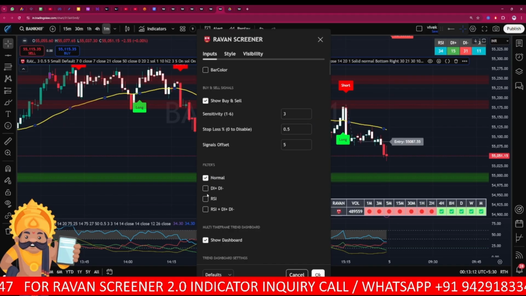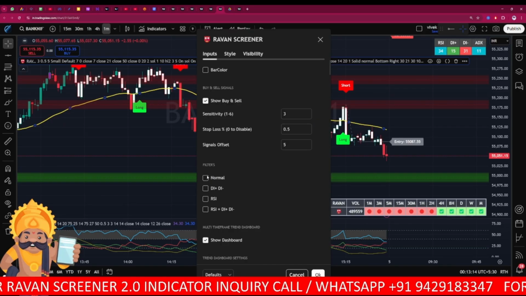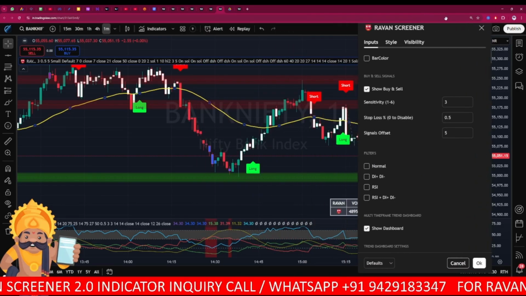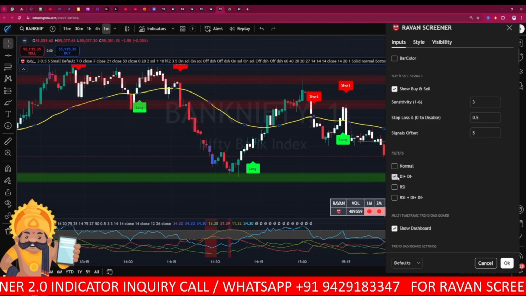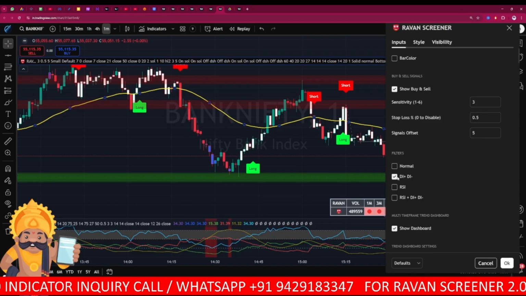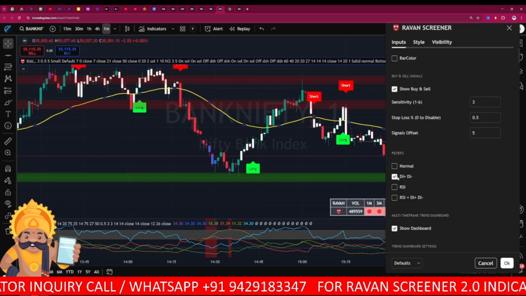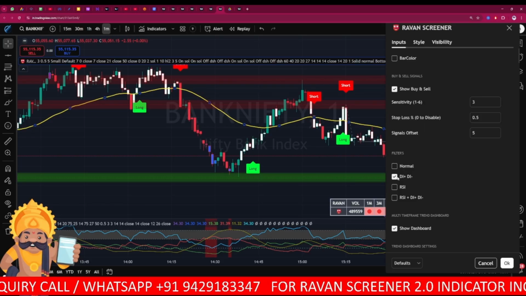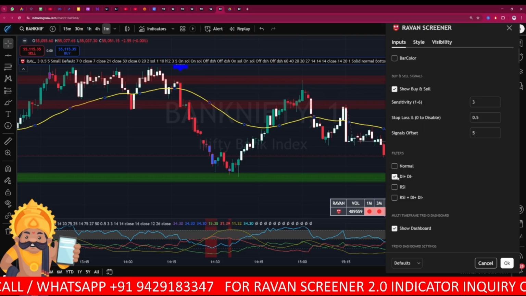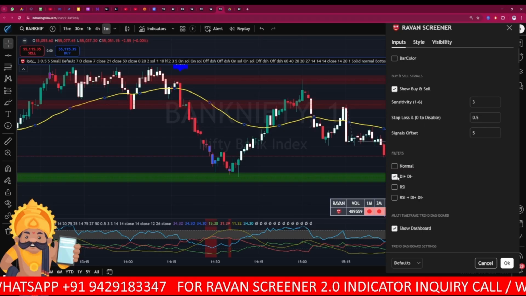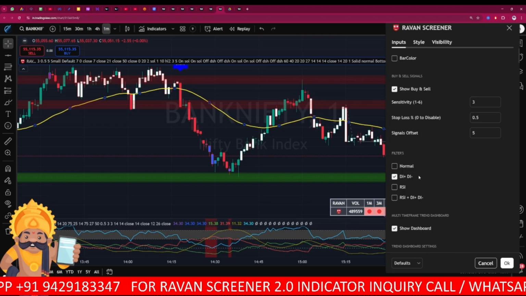The first condition is DI plus and DI minus. I'm just unchecking this normal. DI plus indicates the positive directional index, which shows bullish momentum, and DI minus indicates bearish momentum.